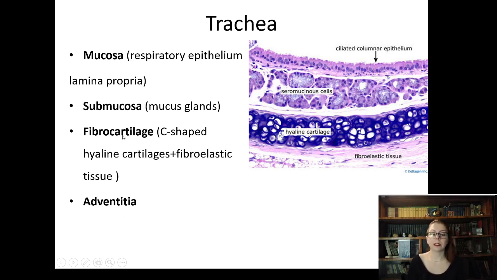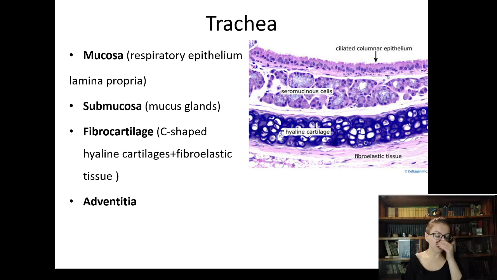As in the digestive system, we have muscularis externa. Here, the fibrocartilage layer is present because the respiratory system should always be open. It should always perform the function of air conduction, so there shouldn't be any collapse. While in the digestive system, if there is no food inside, then it should be collapsed to cover the food particle from all sides.